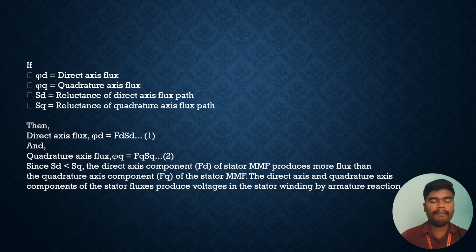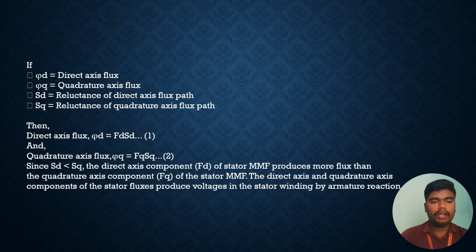So let's see some brief equations. Let phi d be the direct axis flux and phi q the quadrature axis flux, and SD the reluctance of the direct axis flux path, SQ the reluctance of the quadrature axis flux path. Then the direct axis flux phi d is equal to FD into SD; consider this as equation 1.